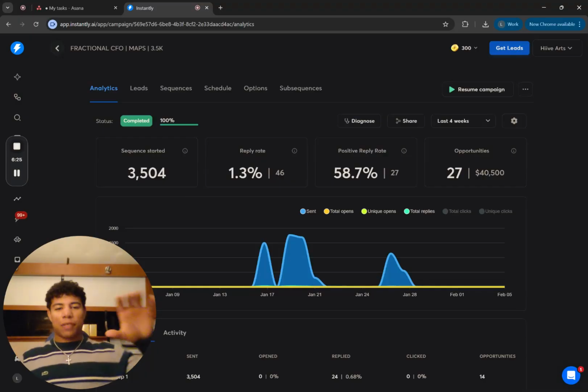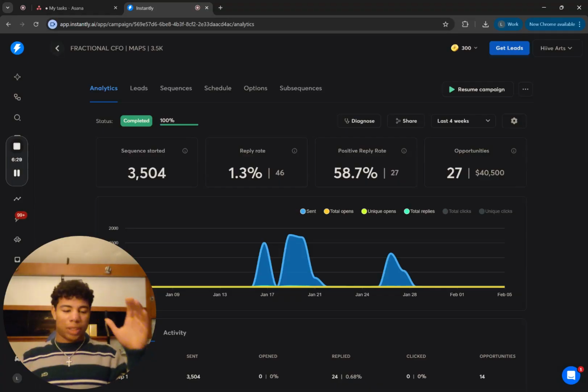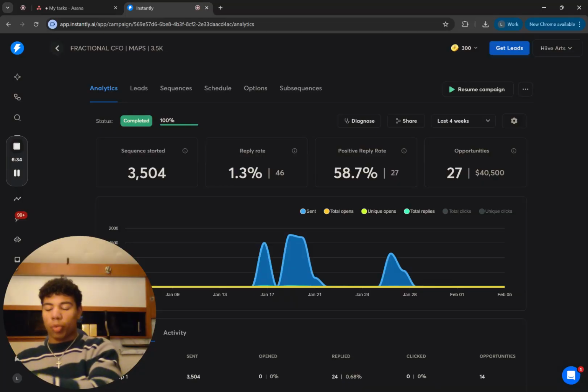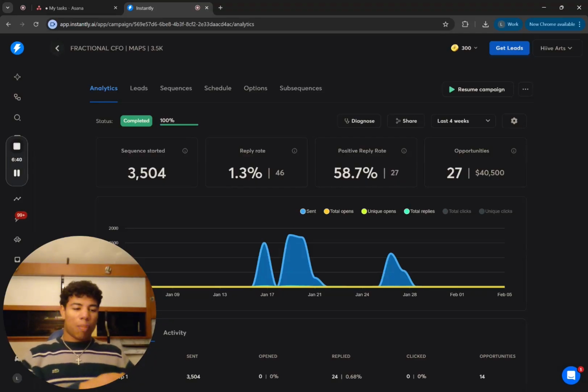Which means if you have a mediocre person at cold email running cold email for a business with an amazing offer and amazing targeting, they're most likely going to perform way better than a really good cold emailer who's working with a business with no product market fit and a bad offer and targeting.